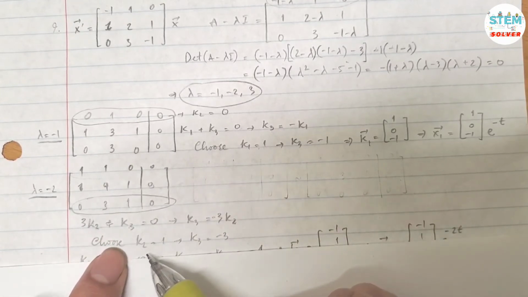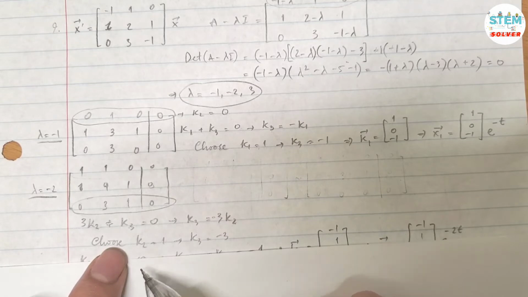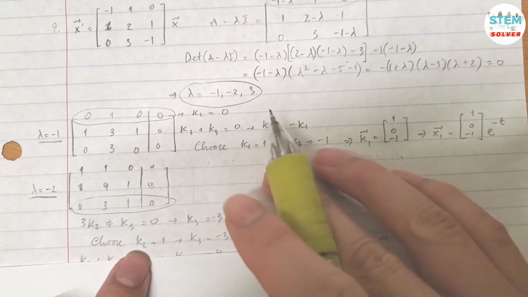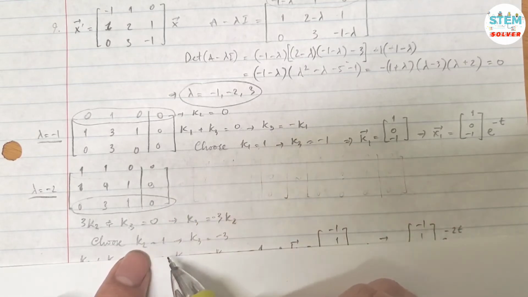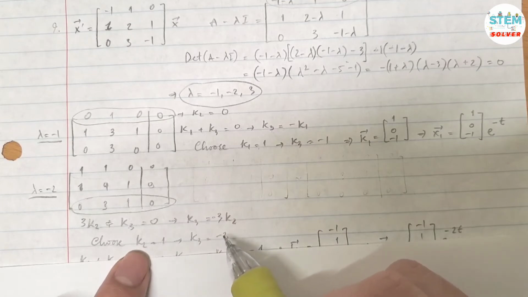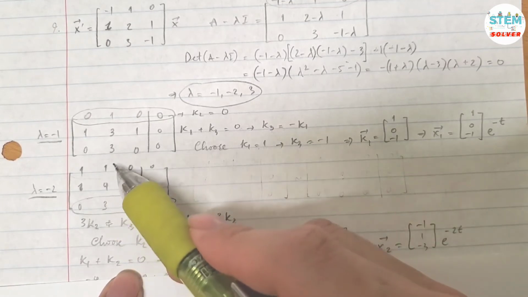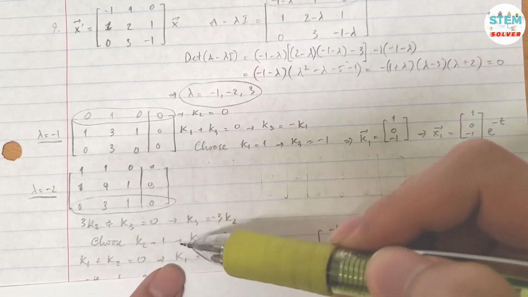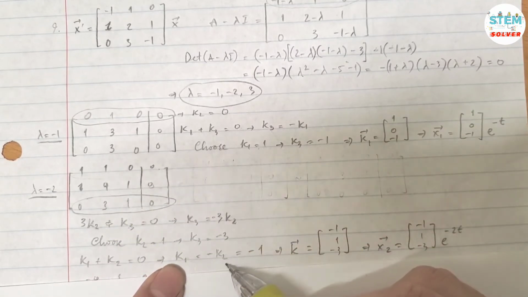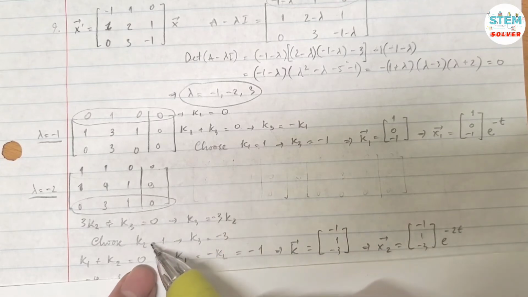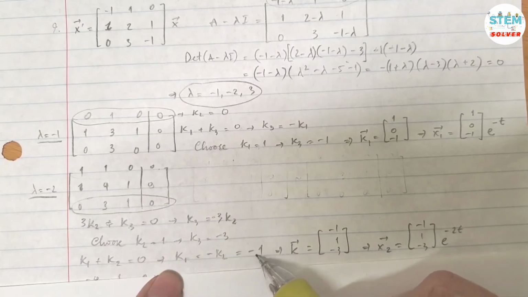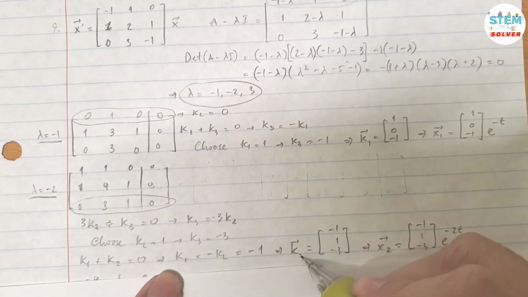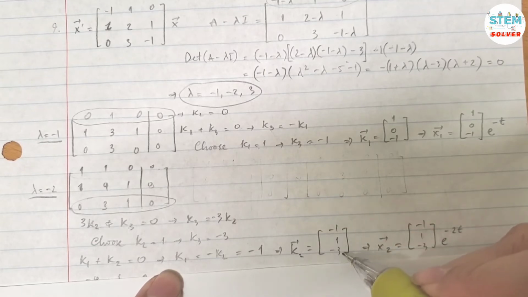If I choose k2 equals 1, then that gives me k3 equals -3. Now let's use the first equation. I have k1 plus k2 equals 0. Solve for k1. I got -k2. And k2 is 1 as I chose it, so k1 equals -1. Then my vector k2 is (-1, 1, -3).